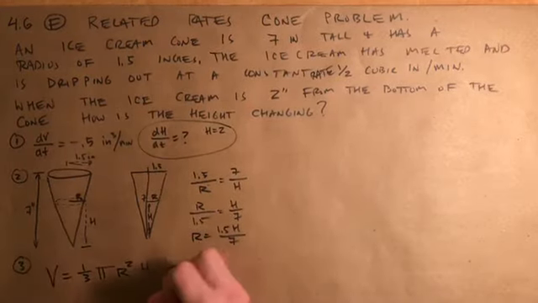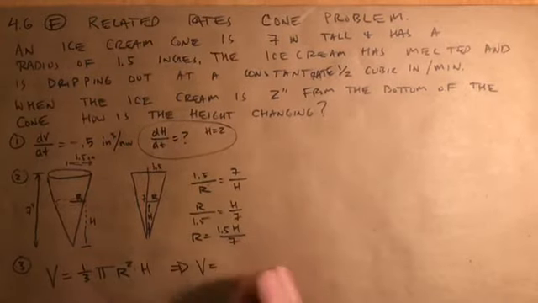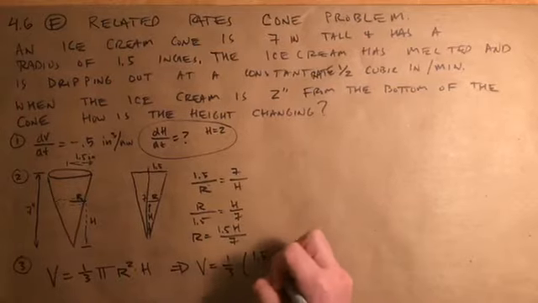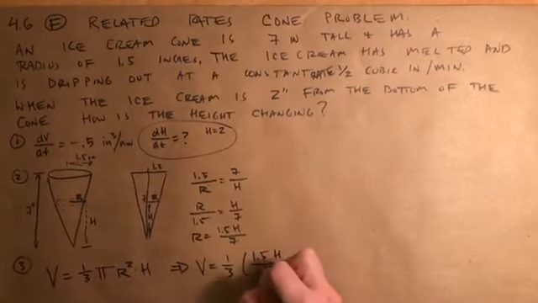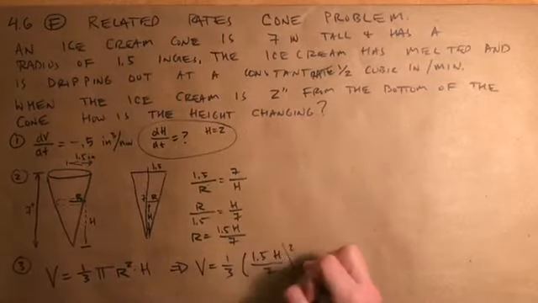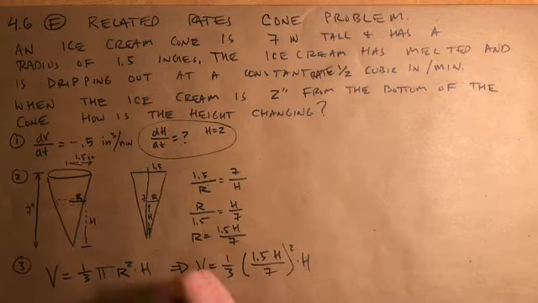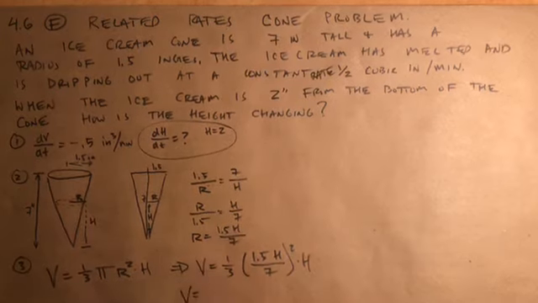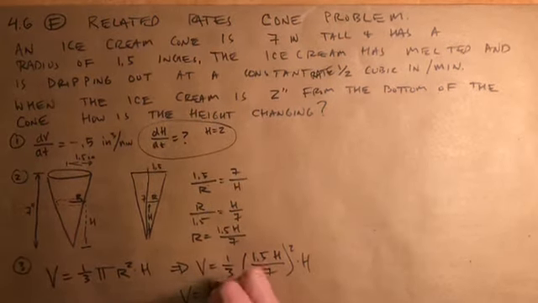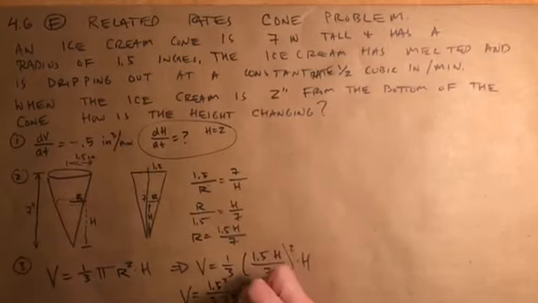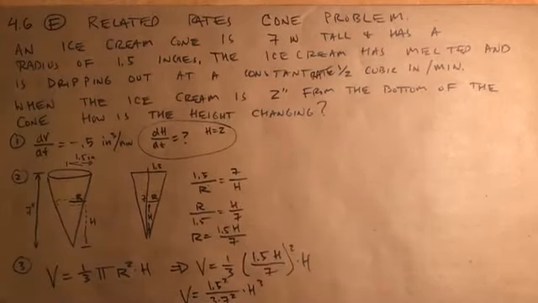So our volume formula will be equal to 1/3 pi times 1.5 h over 7, squared, times h. And what we should probably do here is do a little bit of housework. I'll just say that v is equal to pi times 1.5 squared over 3 times 7 squared times h cubed.